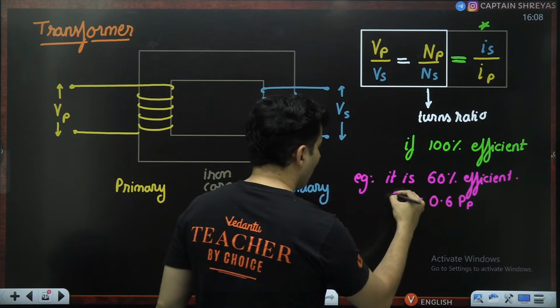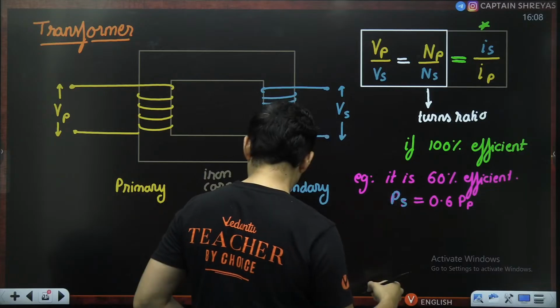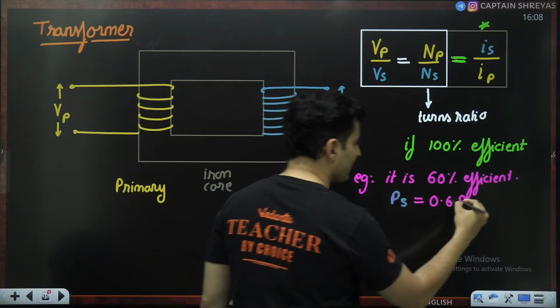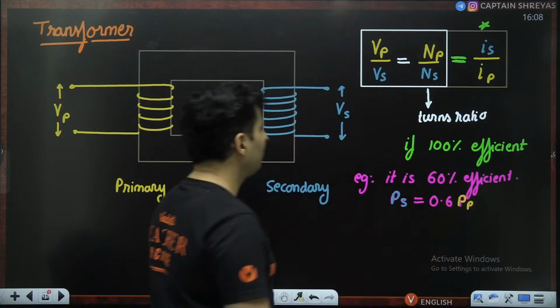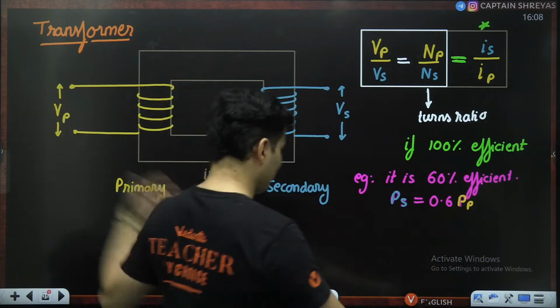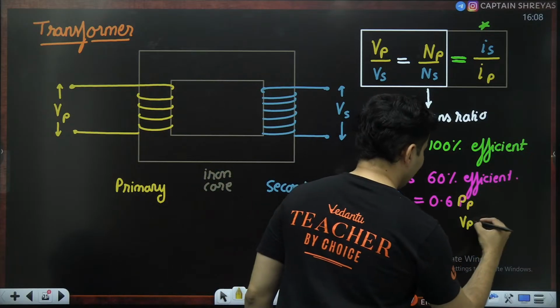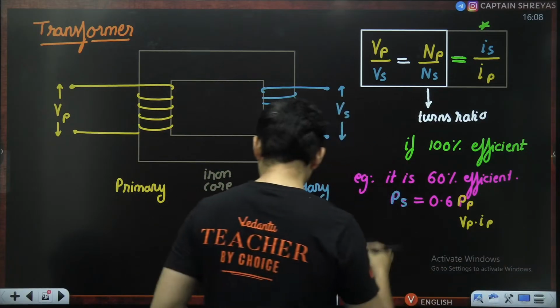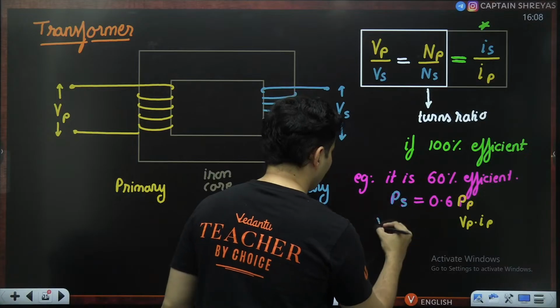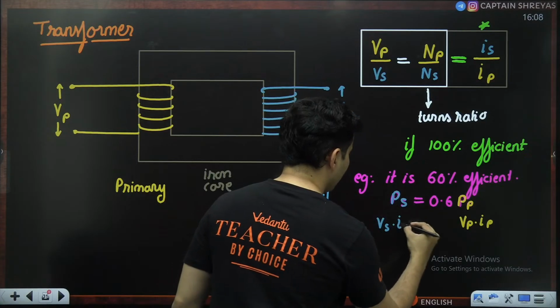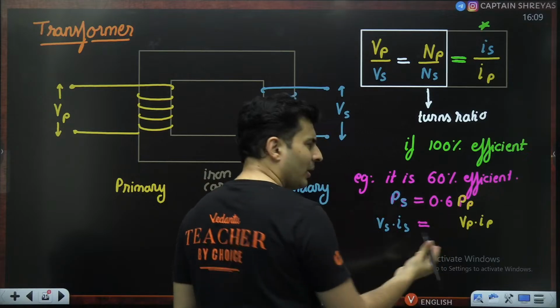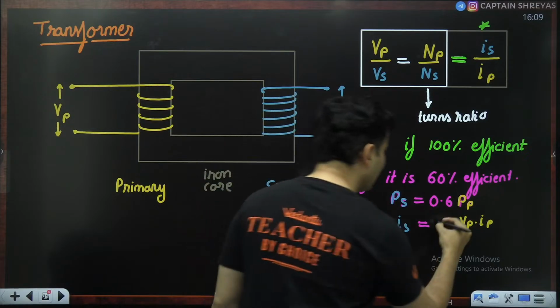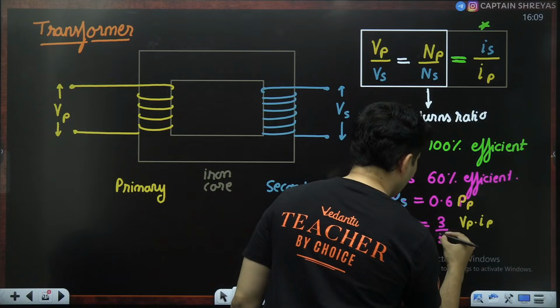What is the power on the primary side? Power is voltage into current, so it will be nothing but Vp into Ip. Power on the secondary, again voltage into current, is equal to 0.6. 0.6 is 6 by 10, which is 3 by 5. So this will be 3 by 5.